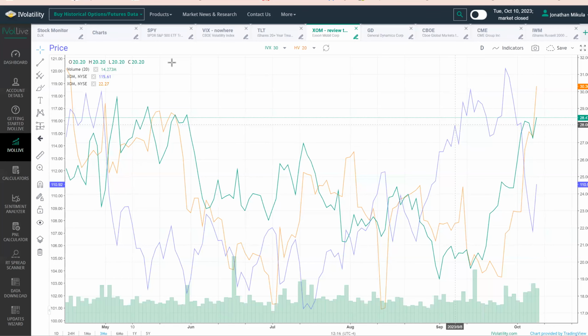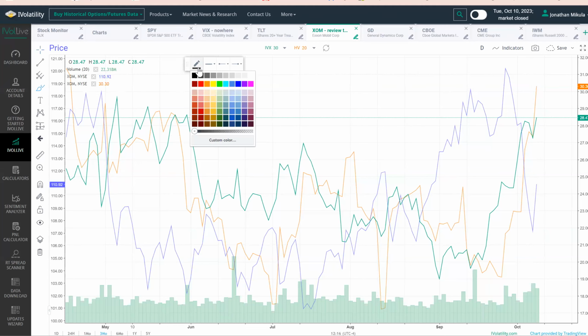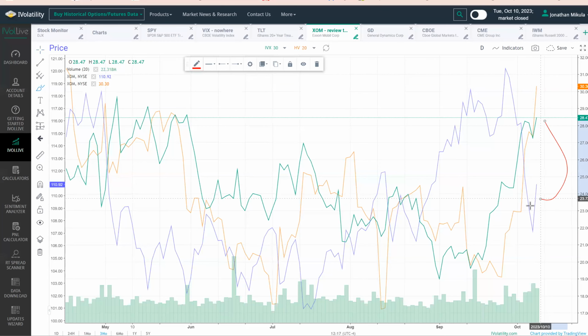What this means is, it's a teachable moment where we can play options artist. We can show this relationship where price is rising and implied volatility is rising.